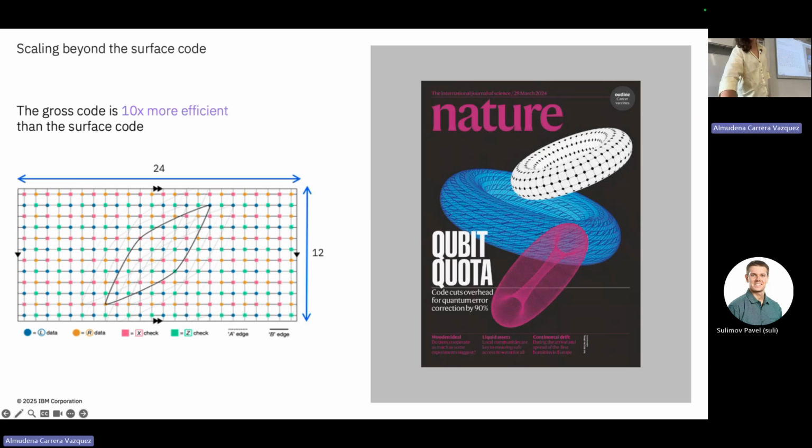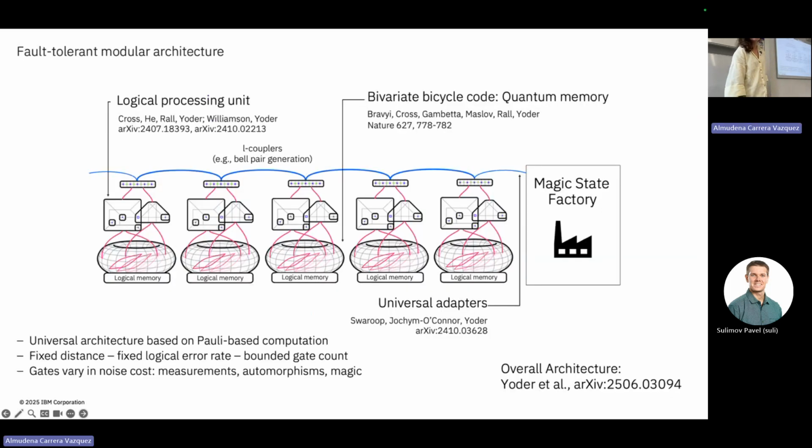So how is it going to look? They call it the gross code. Gross actually means a dozen. The way it will work, there will be 12 toruses, and each of them will contain 12 logical qubits. So 144 logical qubits per gross code.